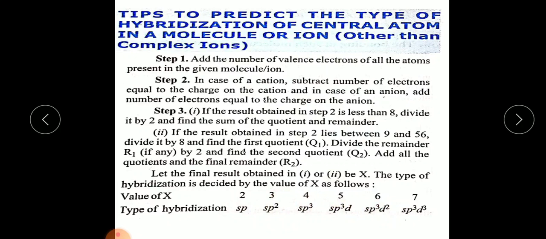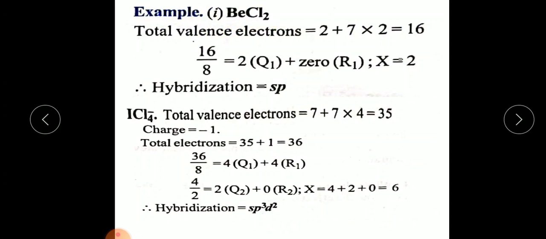Now we'll clear this rule by using an example. Say, for example, you have beryllium chloride. First, since it is a neutral molecule, you find the total valence electrons. In beryllium, the outermost shell has 2 electrons because the electronic configuration is 1s2 2s2.